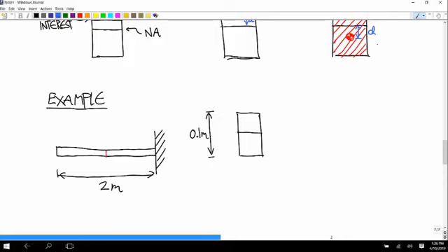And we're interested in this line halfway between the neutral axis and the top. So this is 0.025 meters, and this is the line of interest.